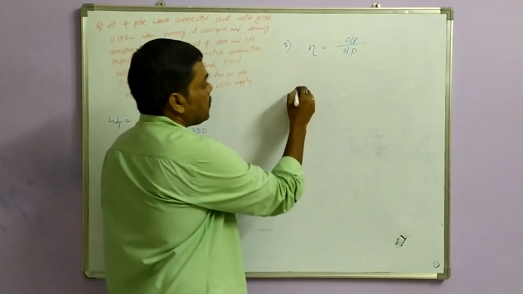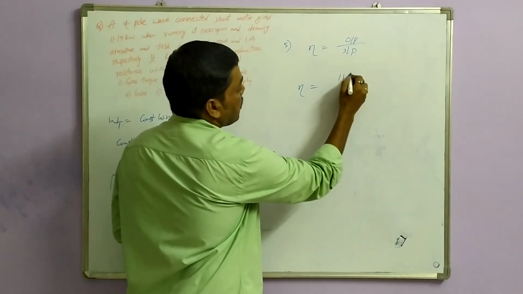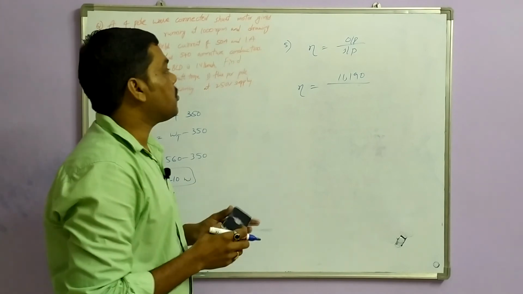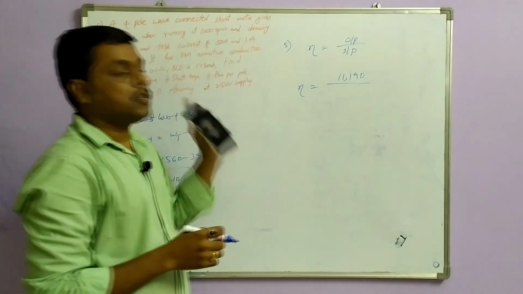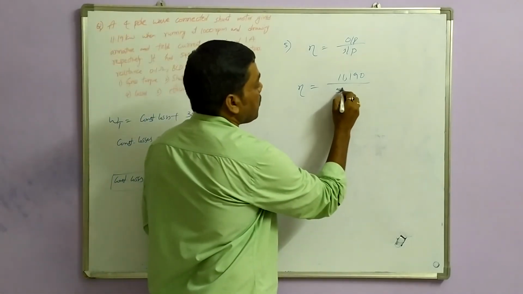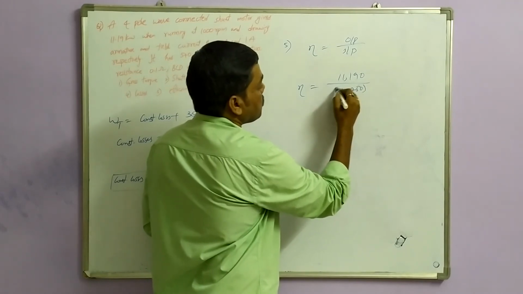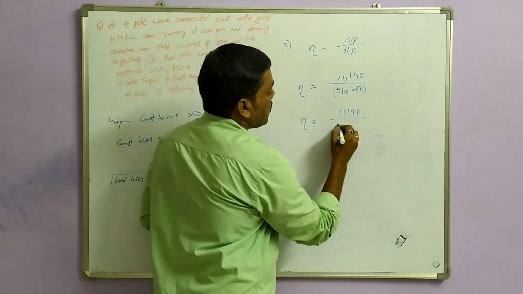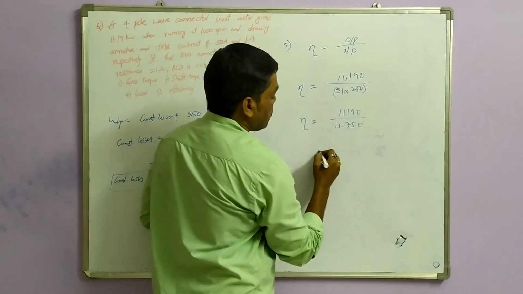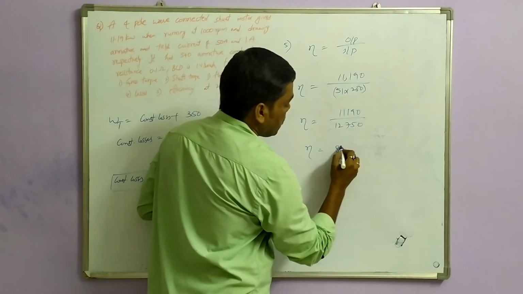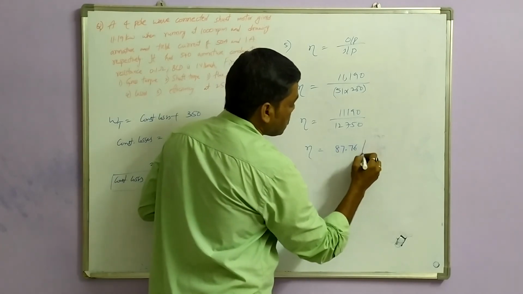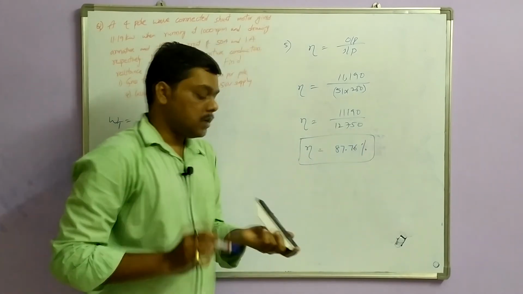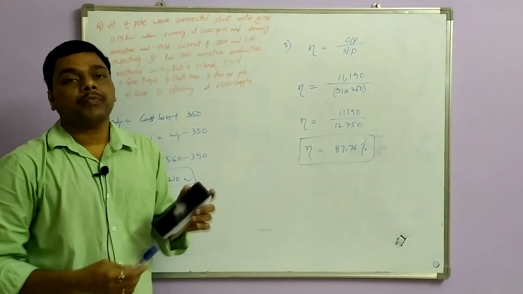Now we know that output power is already given, 11,190, divided by input power, which is nothing but load current, that is 51 amperes, multiplied by voltage 250. So efficiency is equal to 11,190 by 12,750. Now you may get around 87.76% efficiency for the given problem.